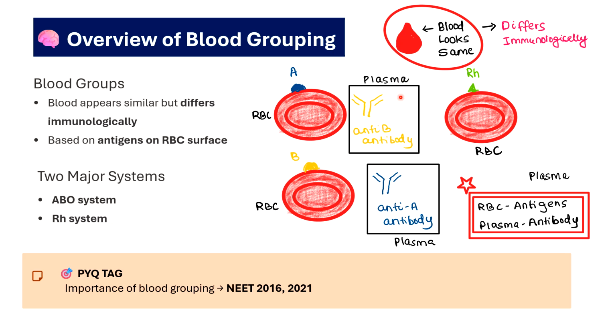Also in the plasma, there would be antibodies present naturally in the case of the ABO system. The second type of blood group system is the RH type, in which there is another type of antigen, the RH antigen, also called the D antigen, present on the surface of RBC. But naturally it does not have any antibody. Okay, so that is the basis of the blood grouping types.